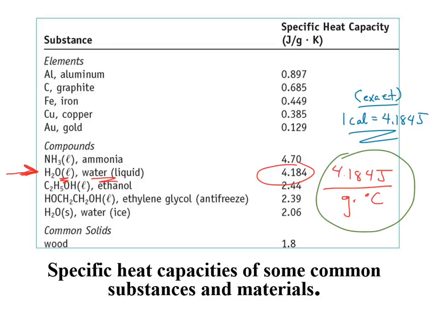So that's where that 4.184 comes from. So in other words, the specific heat of liquid water would be what? 1.000 calories per gram degrees Celsius.